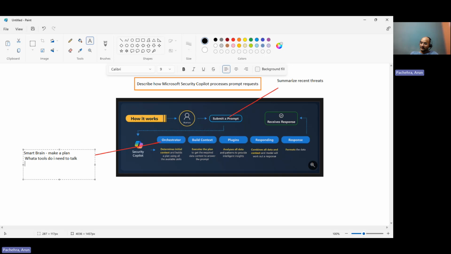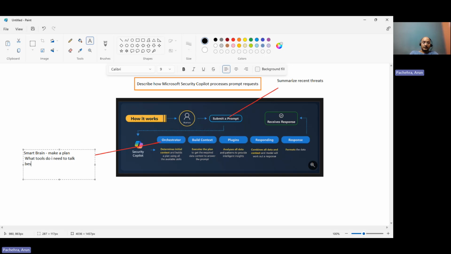So this Copilot is that Copilot we talked about in the previous video. It will get the information from various Azure security products like Sentinel, or if we are talking about recent threats, it could also get the data from Defender or Entra ID. So that's the reason it thinks what tools do I need to talk to, right?